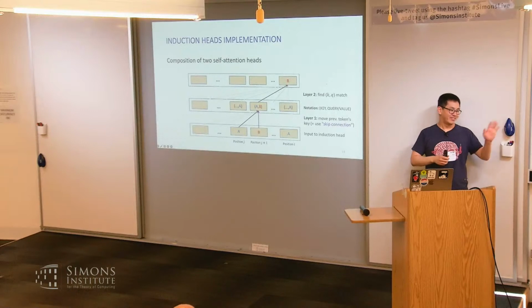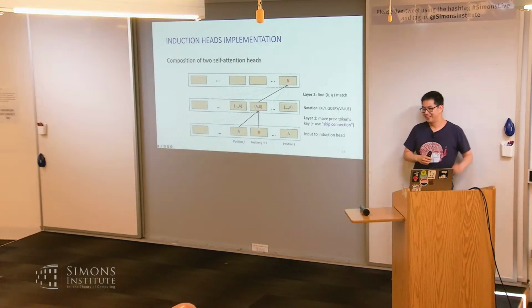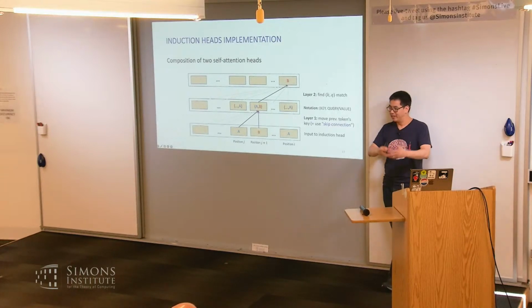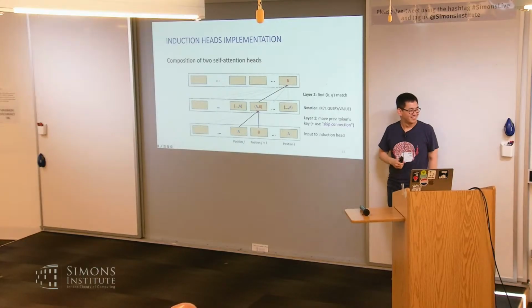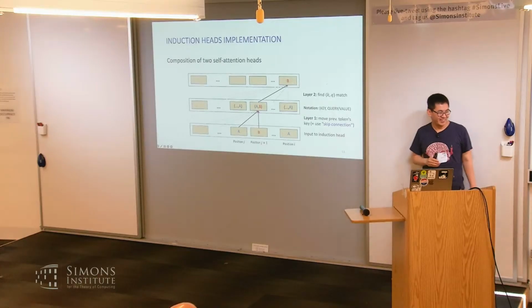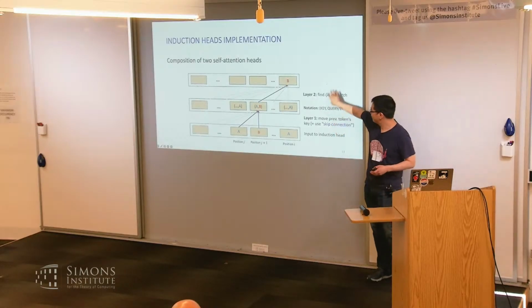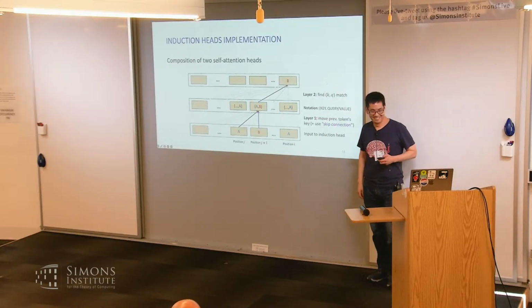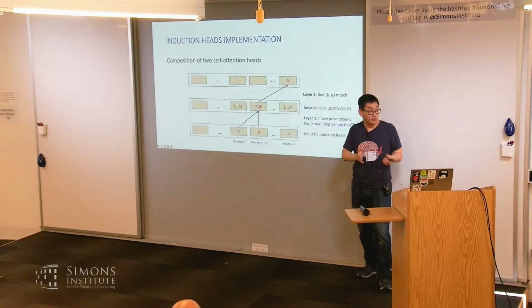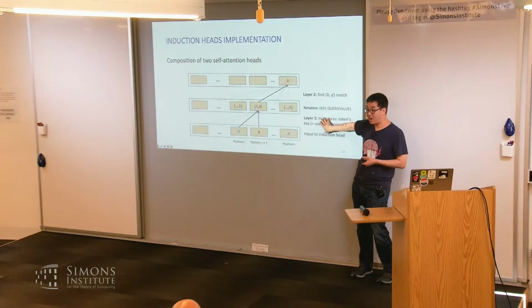I'm a bit confused about what it means to have the same head in different layers. Oh, okay. I wasn't even thinking about that. I think Nati's asking, would it make sense to just iterate one head over and over? I was not trying to convey that. I'm just trying to understand why you're calling this two heads. There's one here, one here. They implement two different functionalities, right? One is this copying functionality.